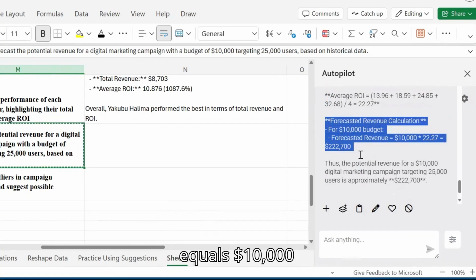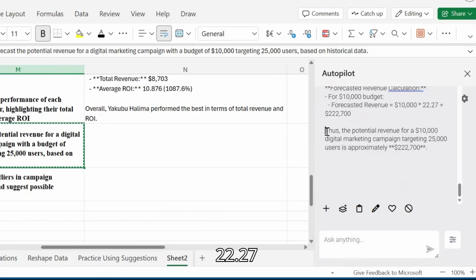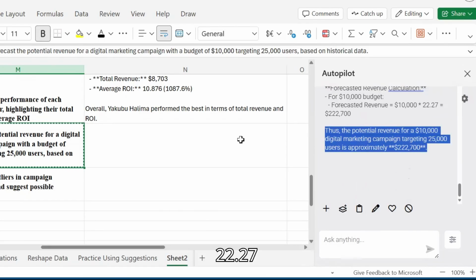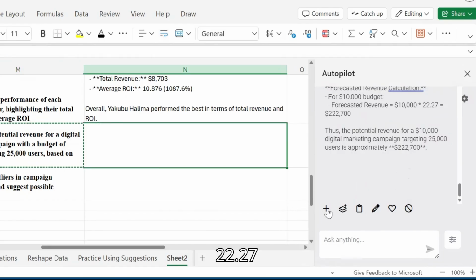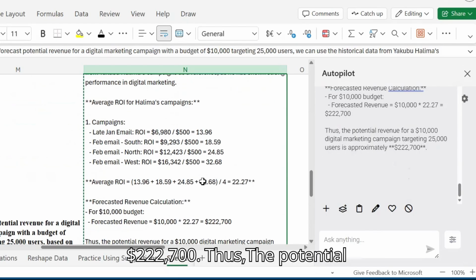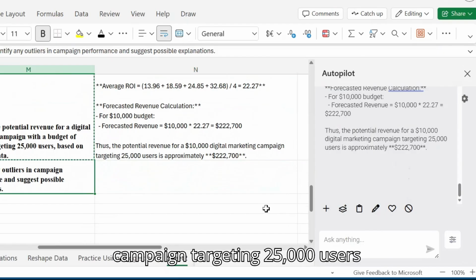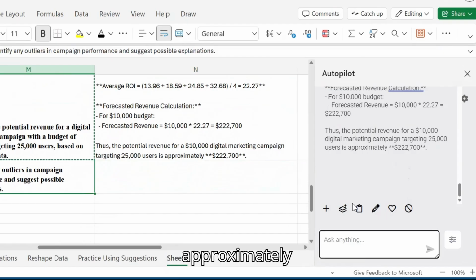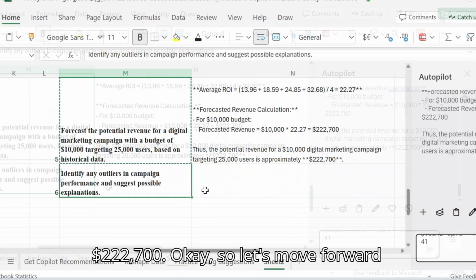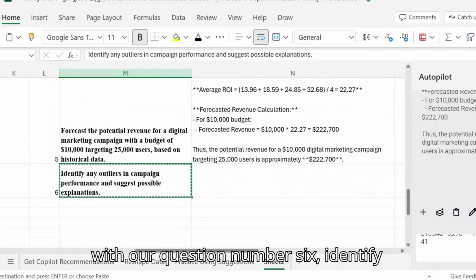Forecasted revenue equals $10,000 times 22.27, equals $222,700. Thus, the potential revenue for a $10,000 digital marketing campaign targeting 25,000 users is approximately $222,700. Okay, so let's move forward with our question number 6.